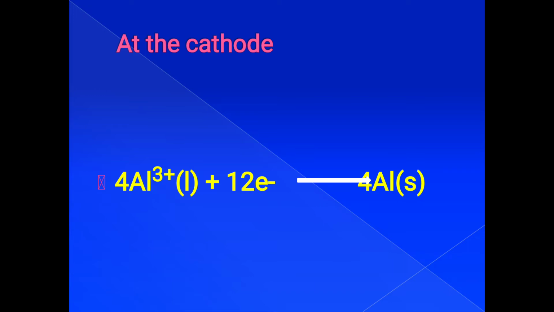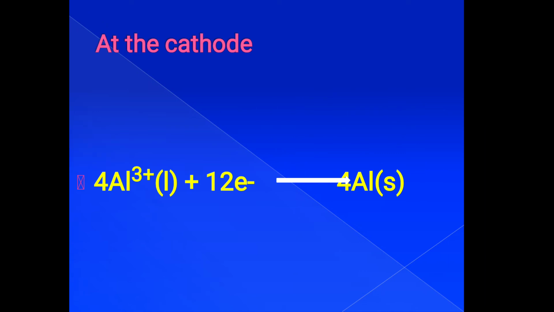So we can unanimously agree that this is a gain of electrons to give us 4 aluminium, and the state is, sorry, the state is not solid. The state is liquid because it is in molten state, and therefore that is what happens at the cathode.